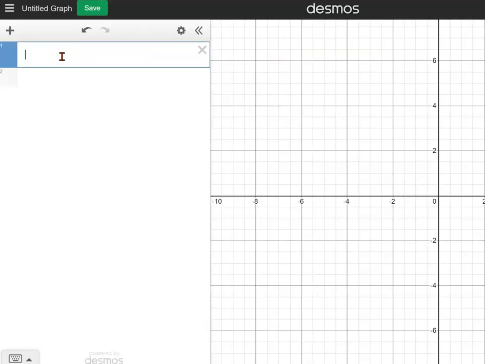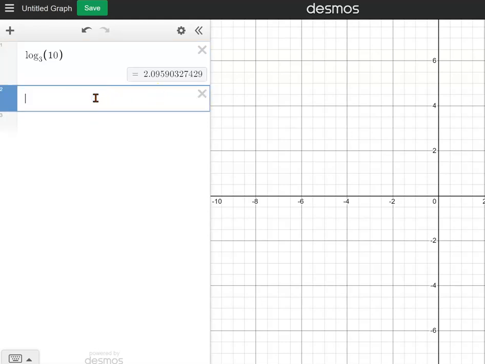The first one, letter A, log base 3 of 10 is equal to 2.0959. And letter B, log base, so just press underscore, 0.5 of 0.1 is equal to 3.3219.